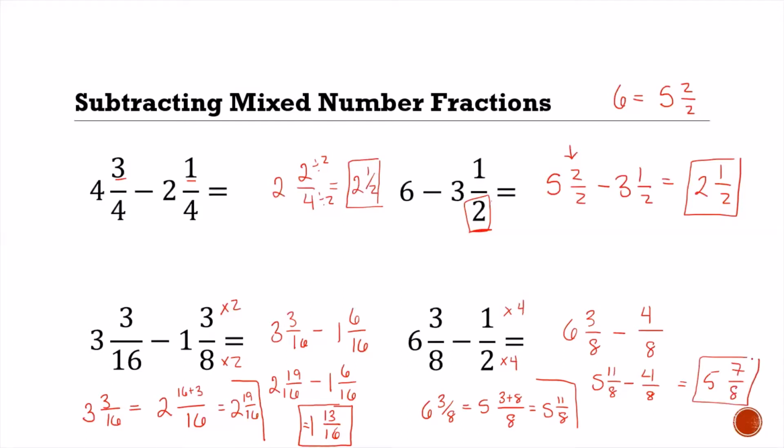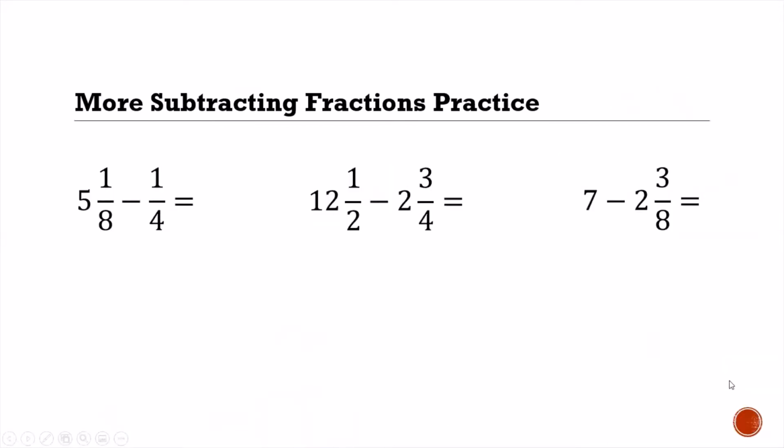Subtracting is always a little bit trickier, so I did throw in a couple of extra questions to give you a little extra practice. Let's do these ones. 5 1/8 minus 1/4. So to get the common denominator, we take our quarter and multiply the numerator and denominator by 2, because 4 times 2 is 8. 5 1/8 minus 2/8. I can't do it, so I have to borrow.